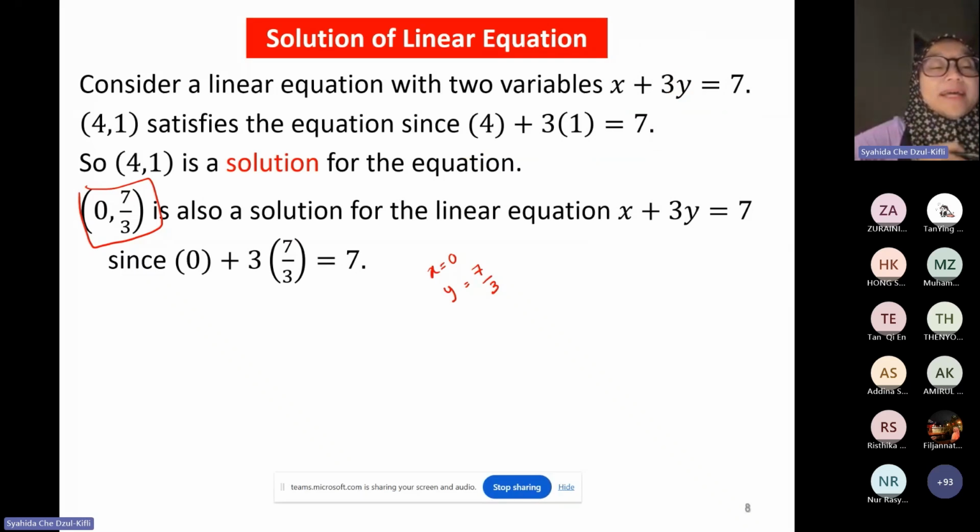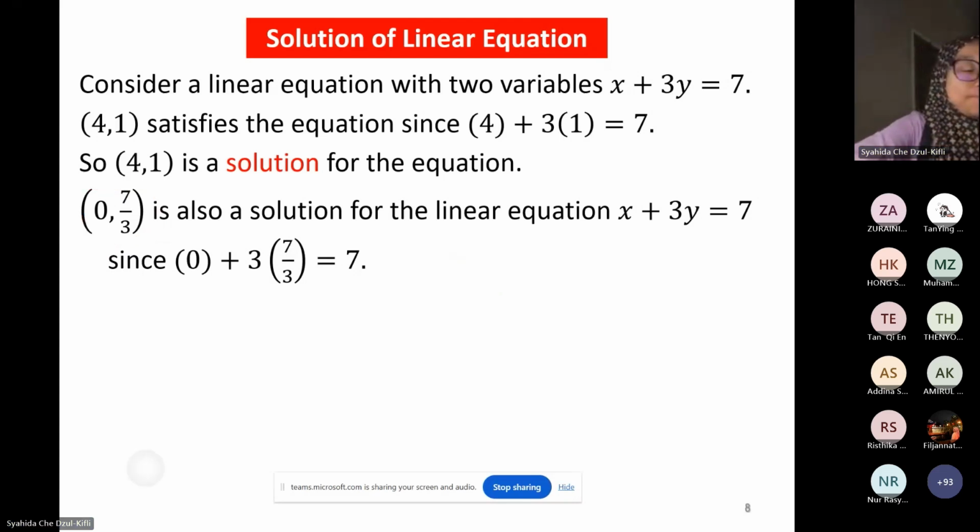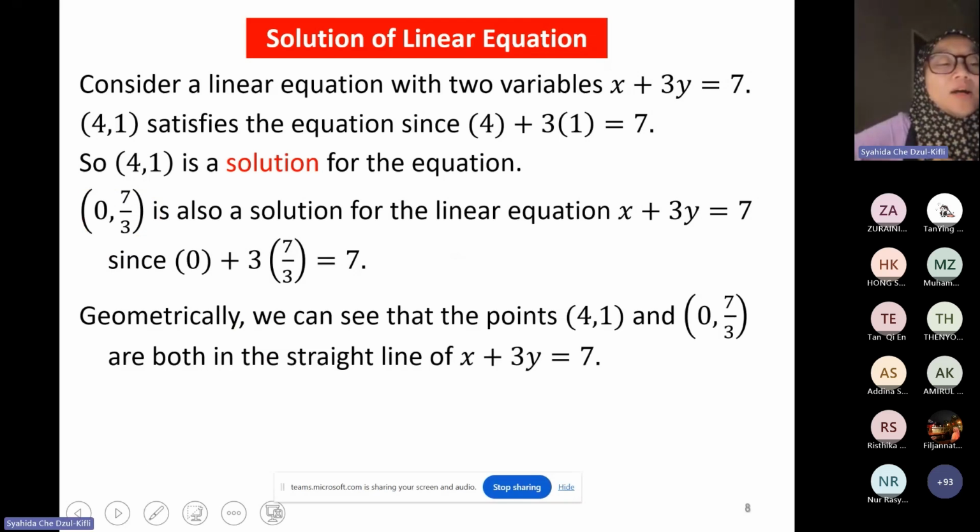So here we have another solution. So we can see that the solution for a linear equation is not necessarily unique. In fact, it has infinitely many solutions.